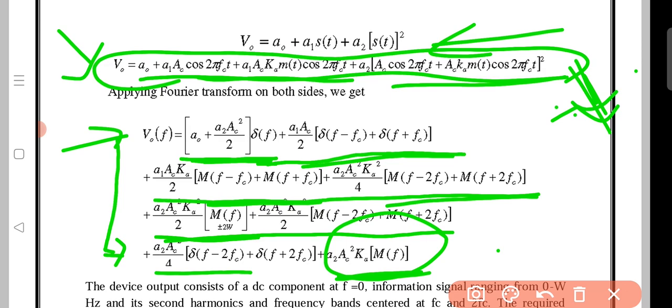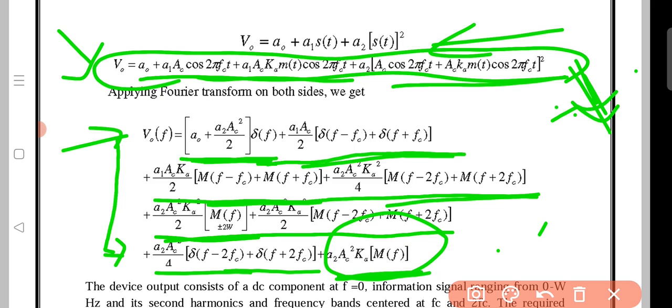So this m of t is our desirable message signal. All remaining terms consist of the carrier. We do not want the carrier signal, we want only the message signal, because this is the demodulation process at the receiver side. So observe that this term is our desirable term.